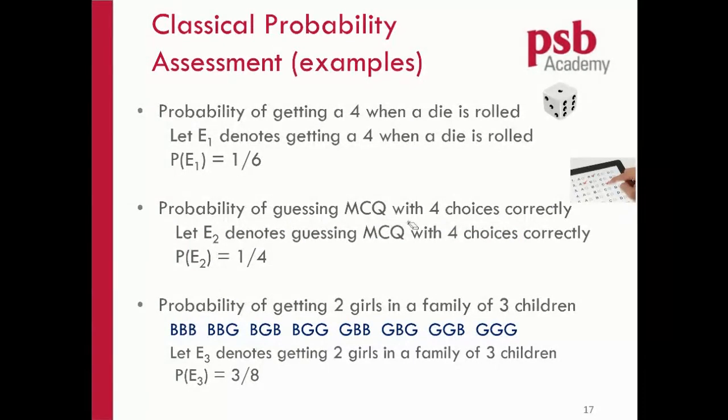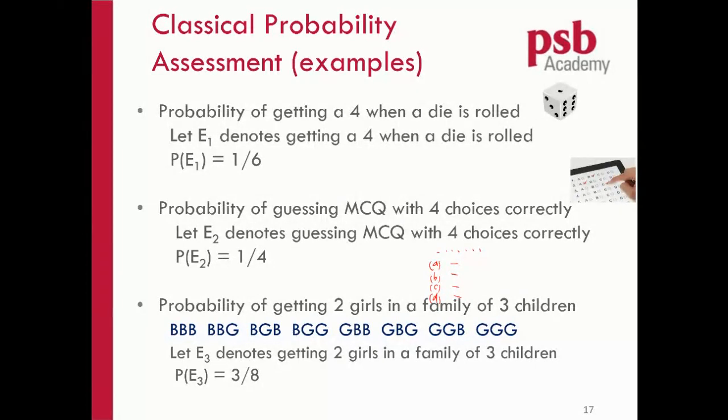Probability of guessing an MCQ with 4 choices correct. Right, so what's the chance if, let's say, E2 denotes guessing an MCQ with 4 choices correct? What does it mean by 4 choices? That means your MCQ will have a question. So for example, this question asks you something and they give you A, B, C, D. Okay, so you have A, B, C, D to choose from.